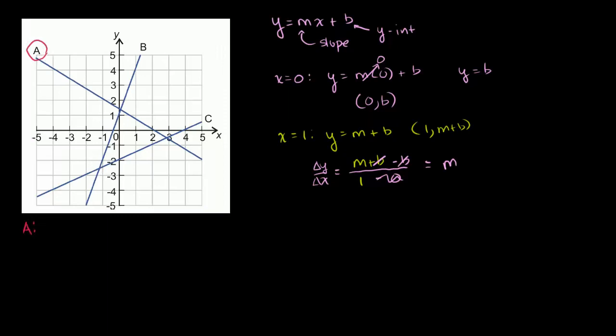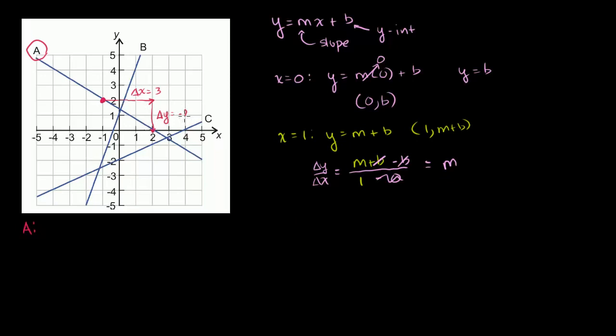So what is A's slope? Let's start at some arbitrary point, let's say right over there. And we want to get to even numbers. So if we run 1, 2, 3, so our delta x is equal to 3. I'm just doing it because I want to hit an even number here. Our delta y is equal to, we go down by 2.